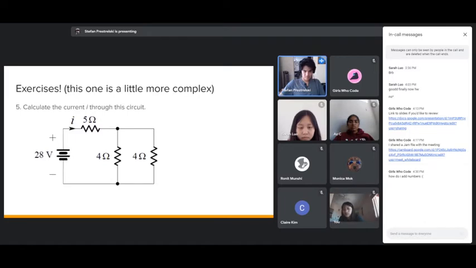There you go. Yeah, there we have it. It is 4 amps of current.